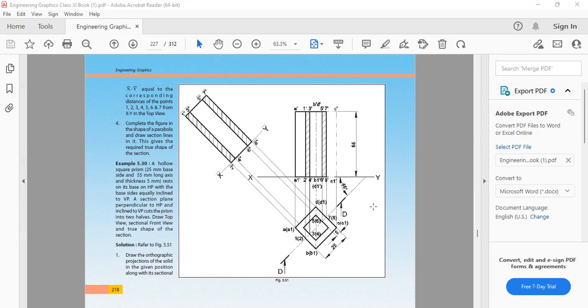Okay. So this question, write this question. Example 5.30.